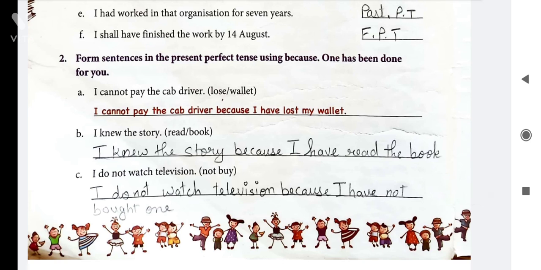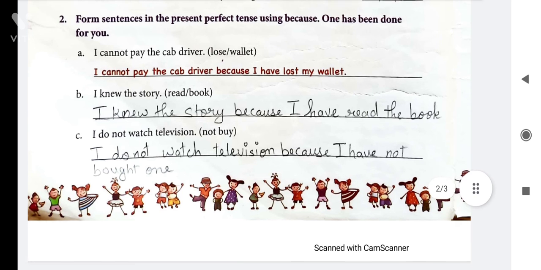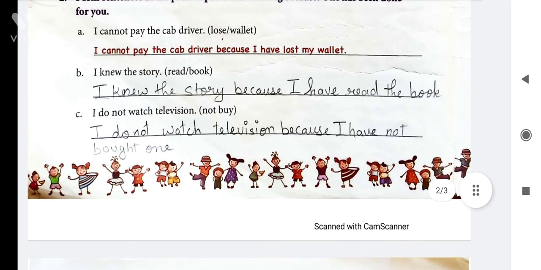And in second exercise, you have to form the sentences in present perfect tense. You are only allowed to use present perfect tense by using because, and one has been done for you. And here we have the options through which we have to make the sentence.